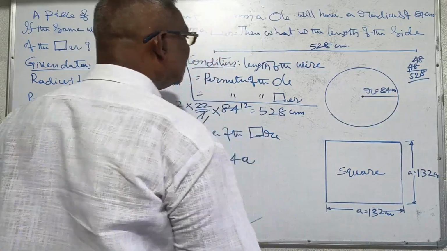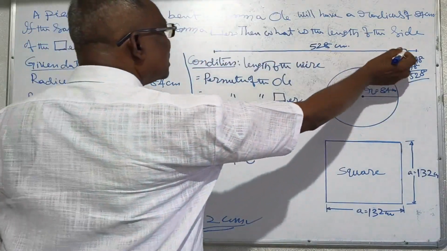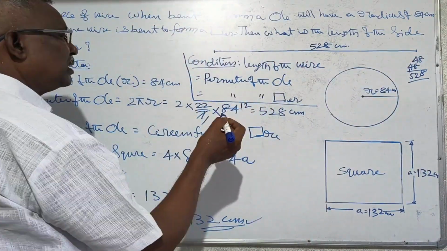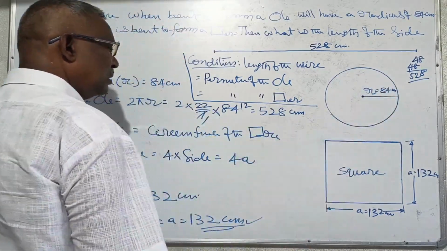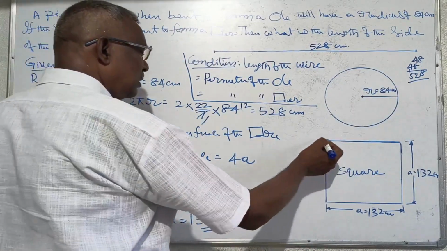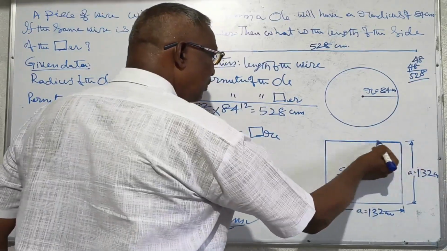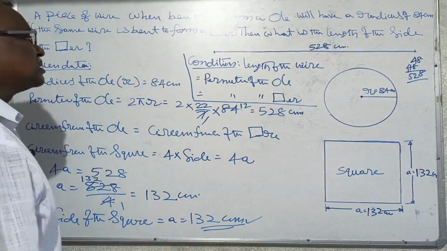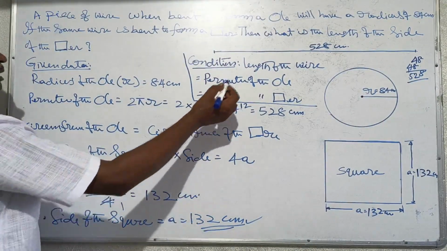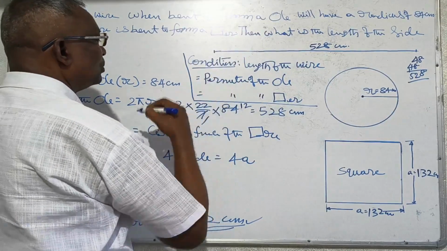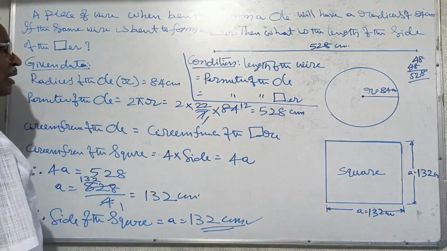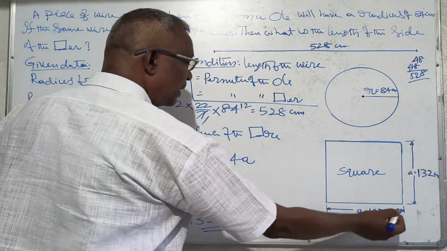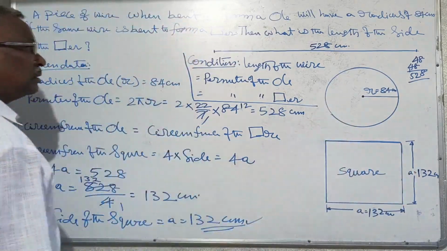So that means wire length is the same. The same wire is bent in the form of circle, then bent in the form of square. So that means length of wire is equal to perimeter of the circle, that is equal to perimeter of the square.